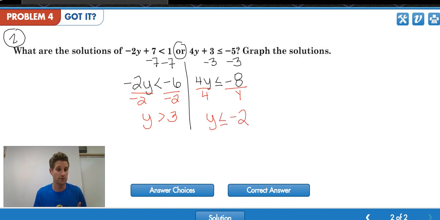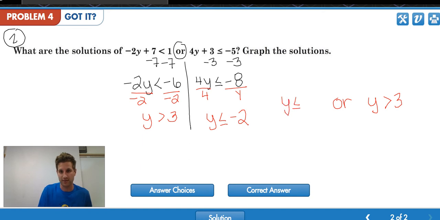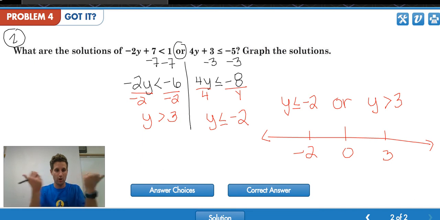Now this is an or statement. So we start with the word or. I like to put the bigger number on the right-hand side like we did before on the and problem. So y is greater than 3, or y is less than or equal to negative 2. When we graph this, you can literally just drop 0 in the middle, drop 3 here, drop negative 2 here, and we know it's an or problem, so they have to go away from each other.